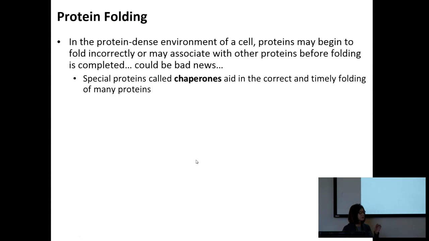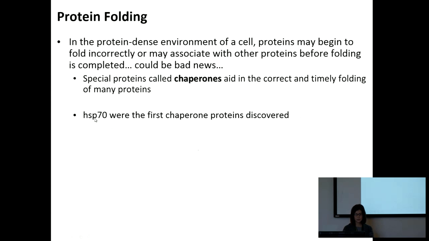But on the other hand, sometimes we don't want proteins to be active until they're right at the right spot. So what we have are called chaperones that stay with the protein until it's ready to fold. And then the chaperones aid in the correct and timely, or spatially correct, folding of the protein.